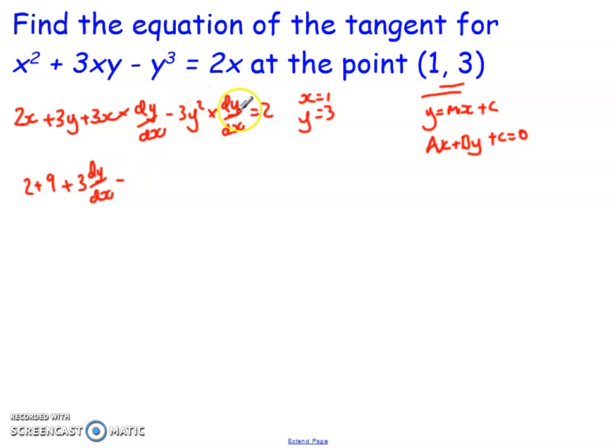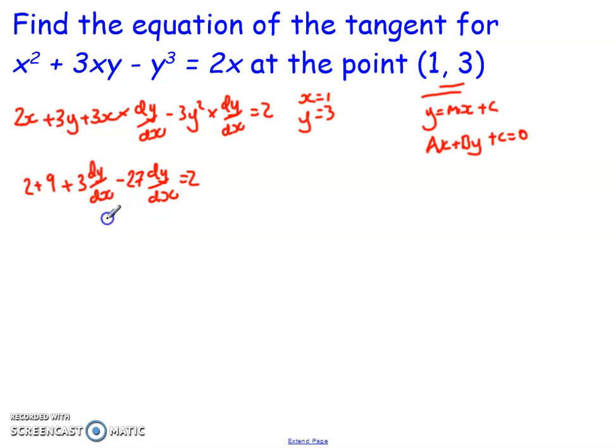Take away 3 times y squared times dy by dx, so y squared is 9, times that by 3 is 27, so then take away 27 dy by dx equals 2. So now it's just a case of playing about with some numerical values. So 2 plus 9 is 11, and what I'm going to do is shift it across to this side.